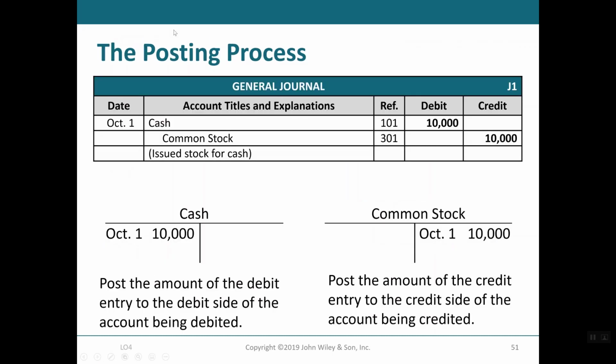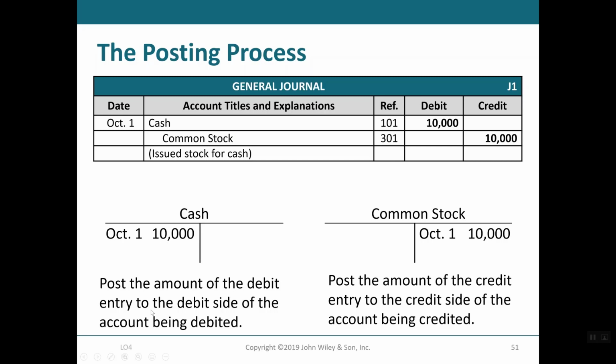So the posting process. Now that we already have what we have in the general ledger, in the cash account, we draw a T and have cash. We debited it in the journal, and we debit it when we post to the account.